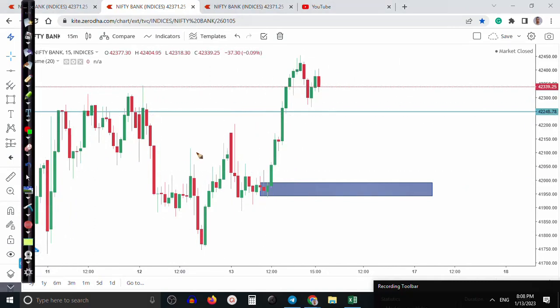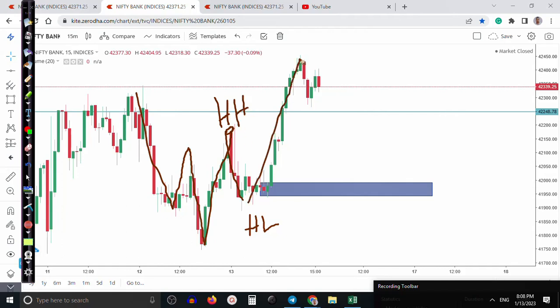From this area, price was somewhere here, and according to the price action method it created a new higher high. This one, a pullback, created a new higher low. This one is a higher high. HH means higher high. The higher low created a new higher high. So in this area some smart money entered and pushed the market higher.